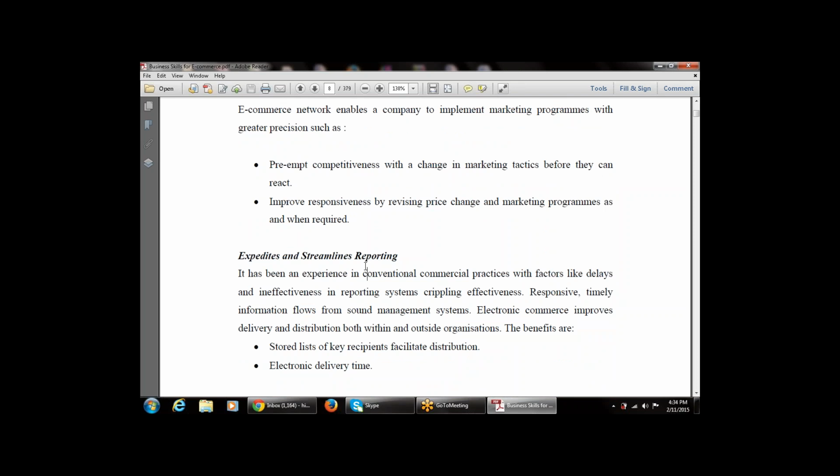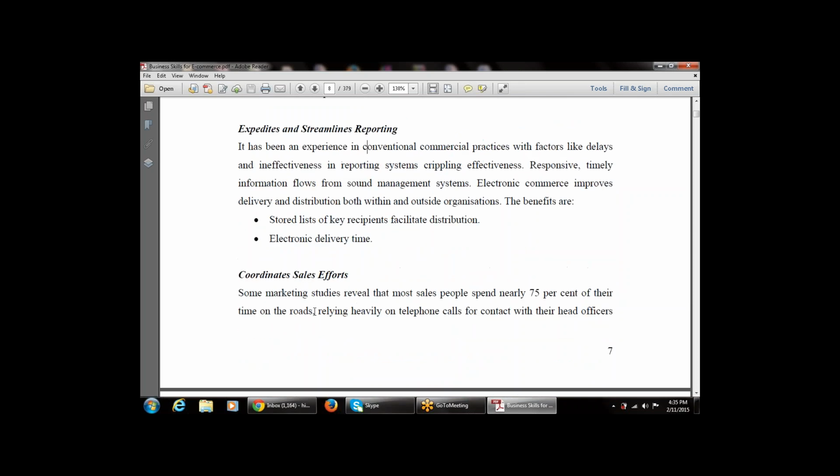Then we studied expeditive and streamlined reporting. E-commerce helps in making expertise in any field, for example streamlining flows among various information systems. Next is coordinating sales effort.